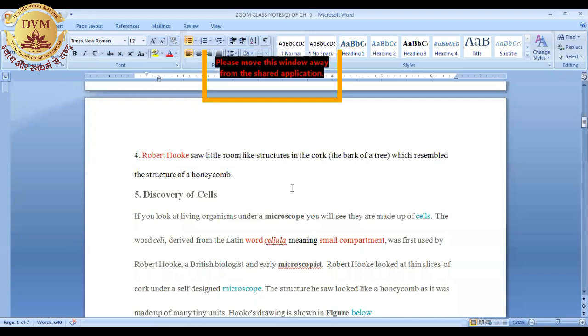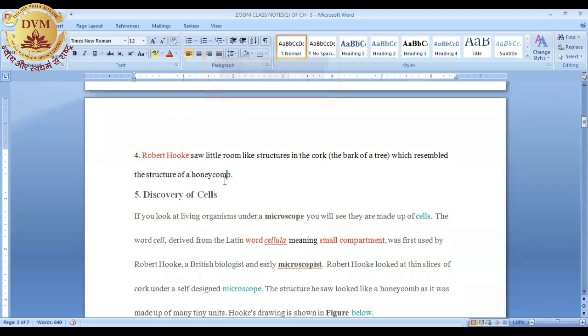While observing the cork, he saw some little room-like structures which resembled a honeycomb. Honeycomb means beehive, the hive in which honeybees live. It is made up of hexagonal compartments. The cork looked like that honeycomb, and that's why the name cell was given to it, because cell means little room or a compartment.